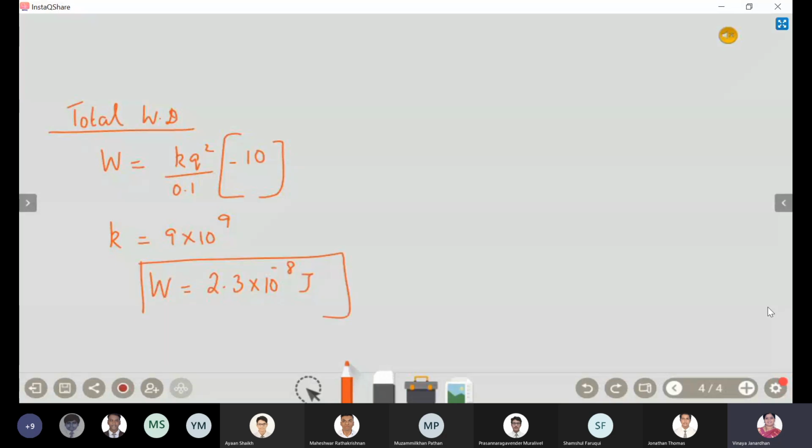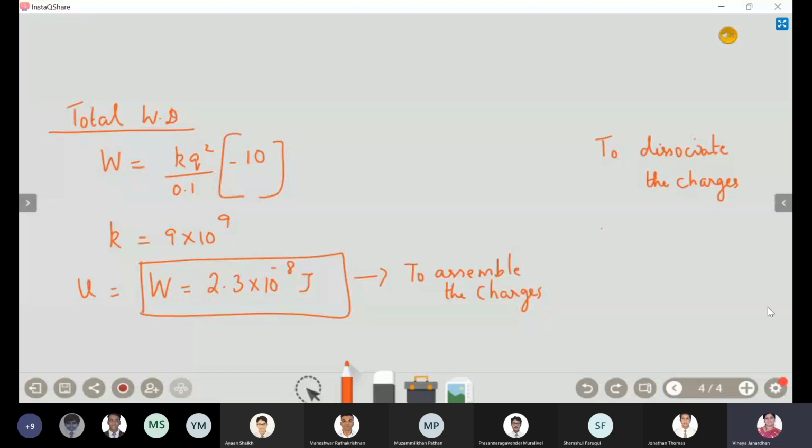See, this much amount of work is required to build the system. To break the system, you get the negative of this, right? This is to assemble the charges. To dissociate the charges, it is the negative of this. W has a minus, right?